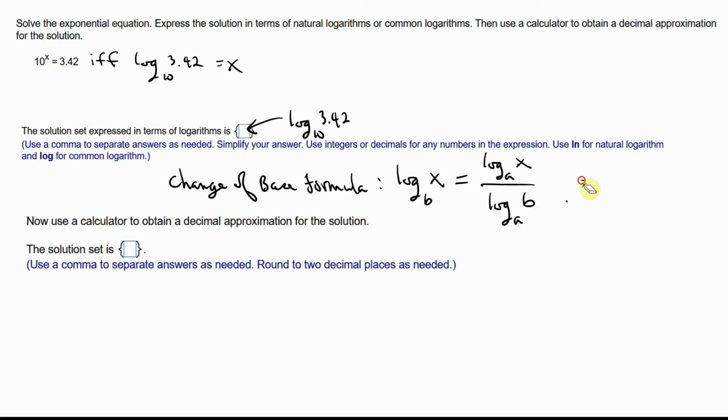And here, make sure that you let a be a base that is easily obtainable.